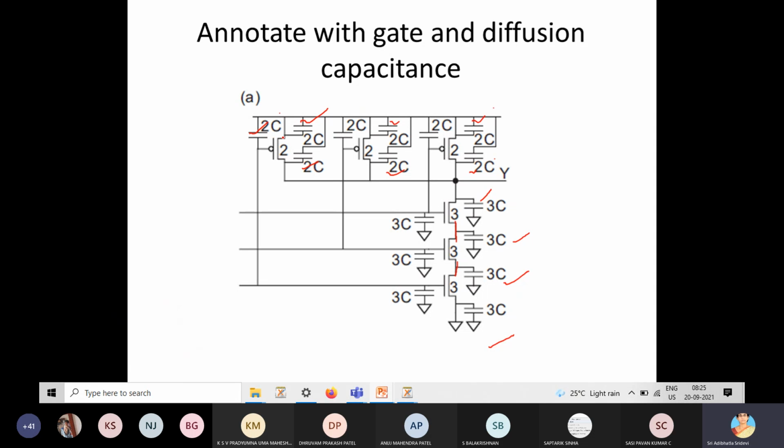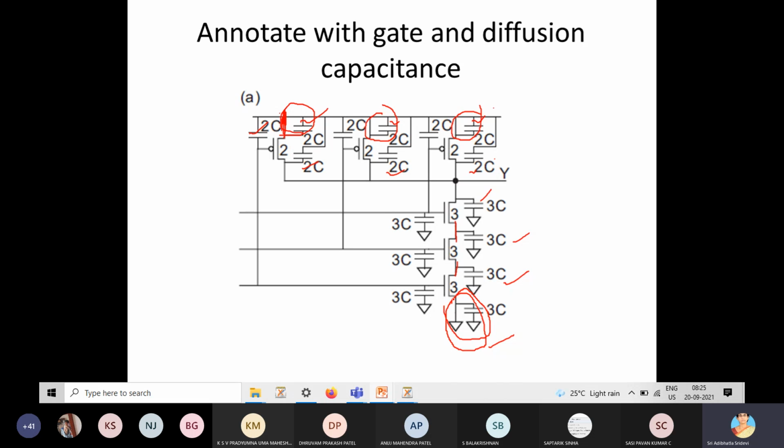So this point is directly connected to supply, right? So this source capacitance can be ignored as it is directly connected to supply. Similarly, this is directly connected to ground.